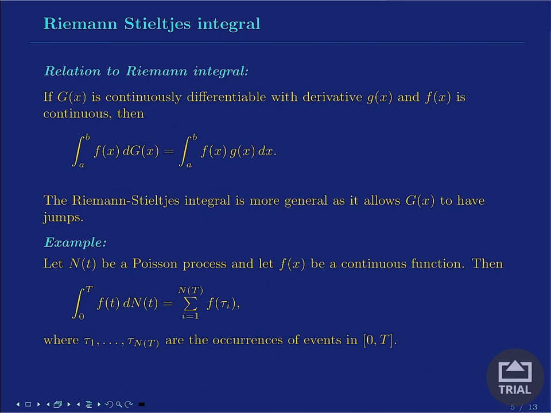As an example, we can consider a Poisson process, so let N_t be a Poisson process. Recall that for a Poisson process, N of t is usually thought of as the number of events that have occurred up to time t.